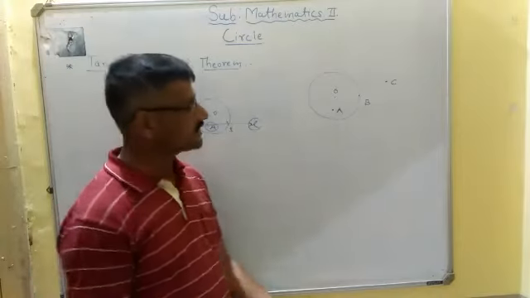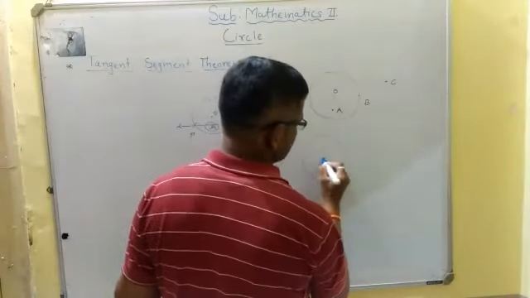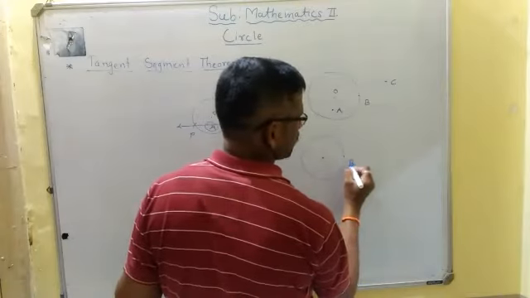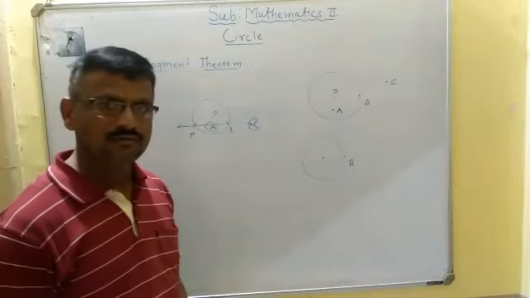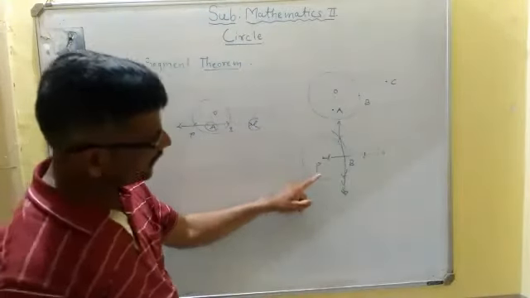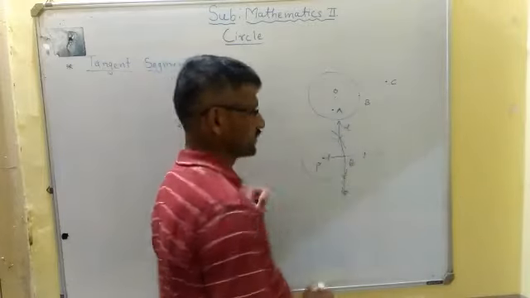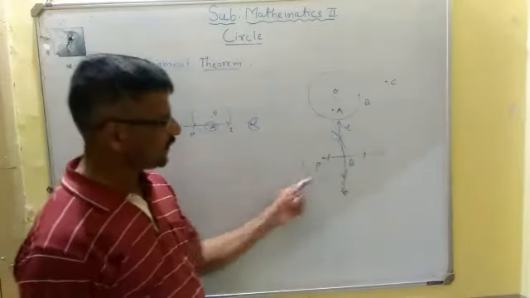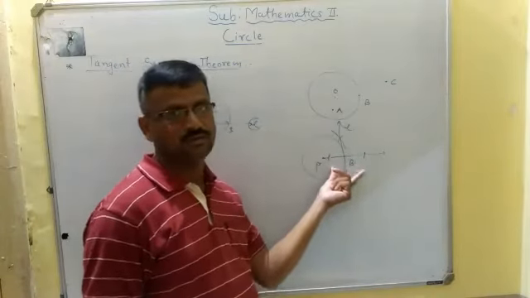Understand? Now, the second condition. How many tangents are passing through a point that lies on the circle? If we try to construct the tangent at a point on the circle, we get one and only one tangent passing through the point which lies on the circumference of the circle.